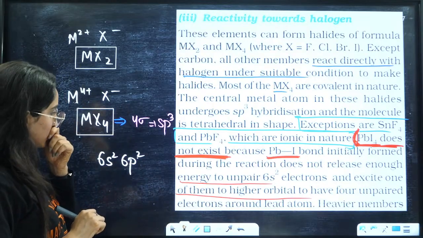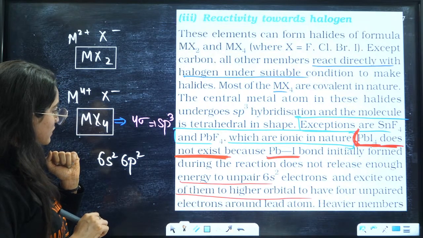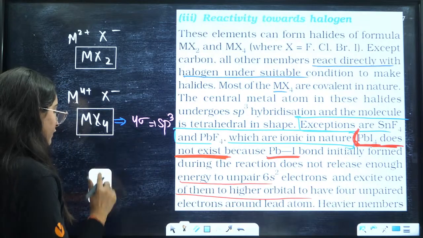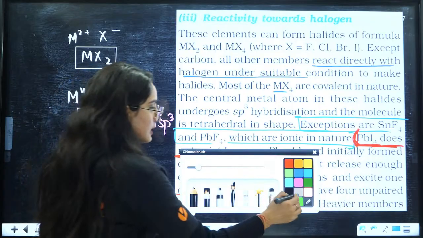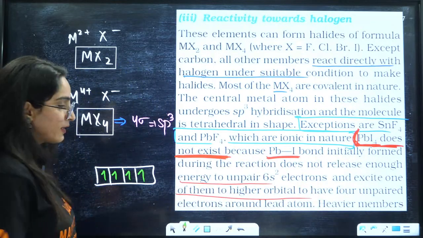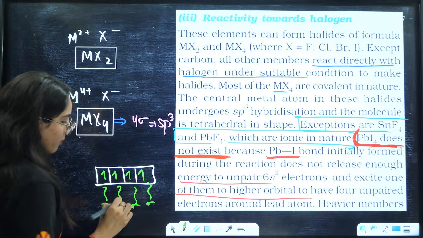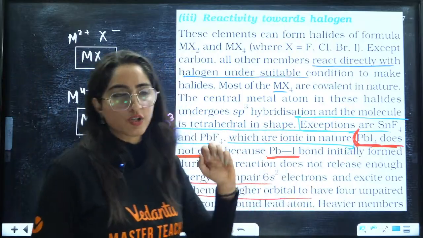They would together combine to form sp3 hybridized orbitals. You will have 1, 2, 3, 4. This is what you are thinking, that it should form a sigma, a sigma, a sigma, a sigma, right? But actually in the case of PbI4, this does not happen.